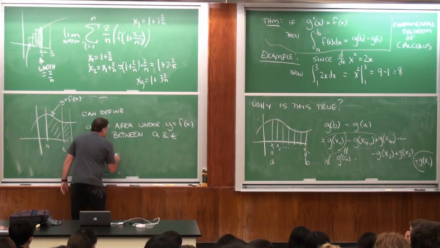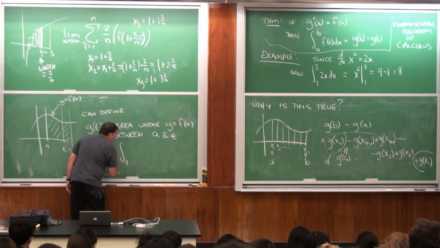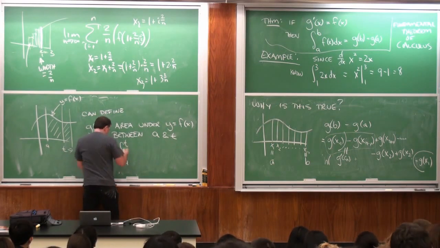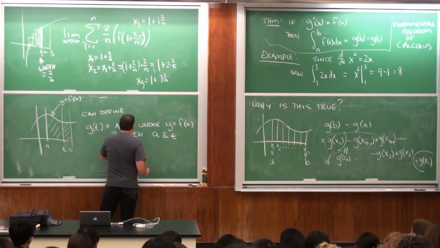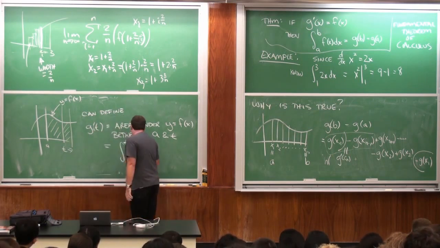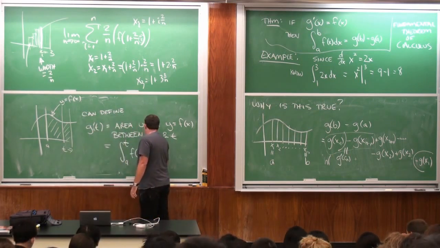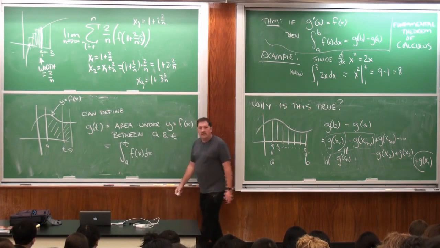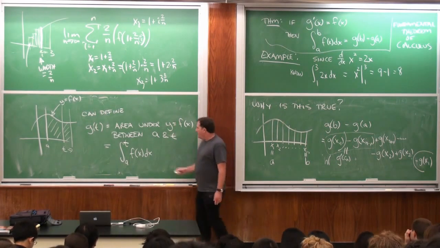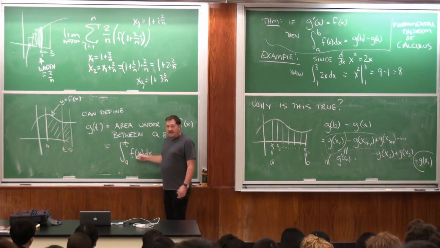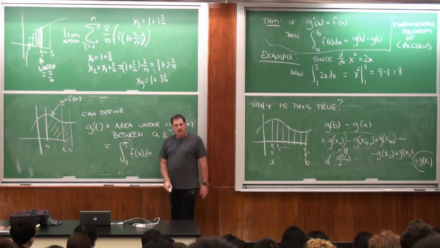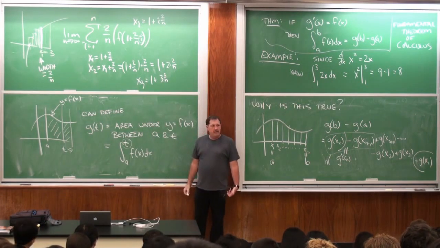So this is the integral from where I start to t of my old function. There. So I'm going to define the function. The variable here is not x, the variable is t. Where I stop, not what I did in between.